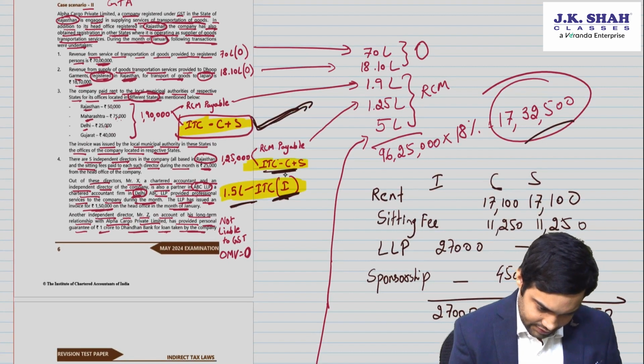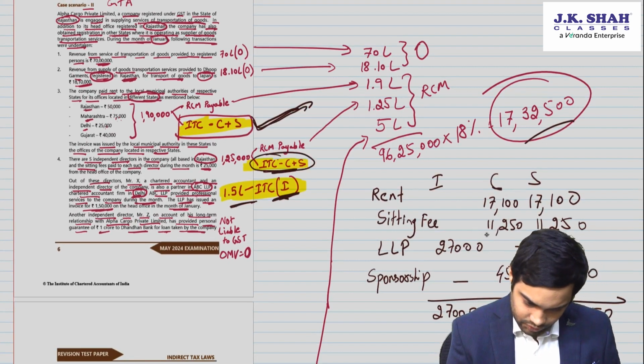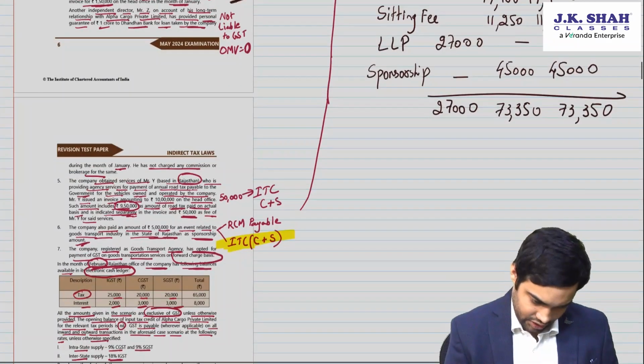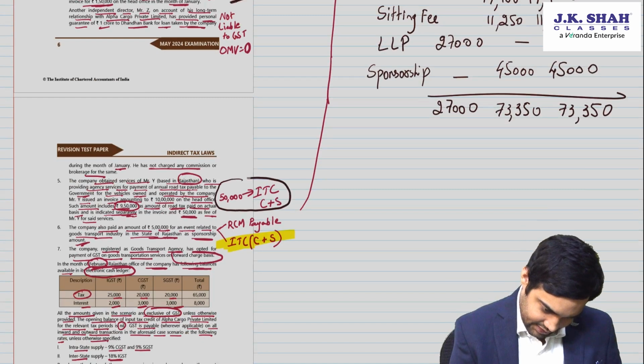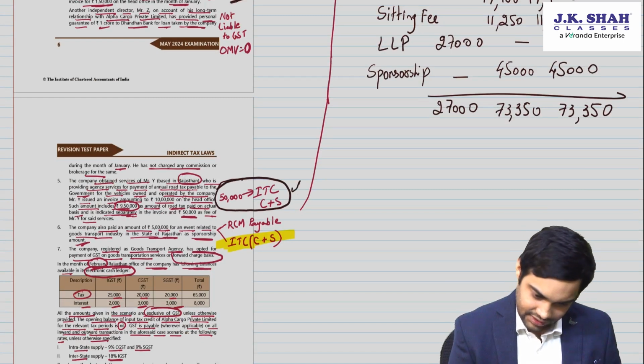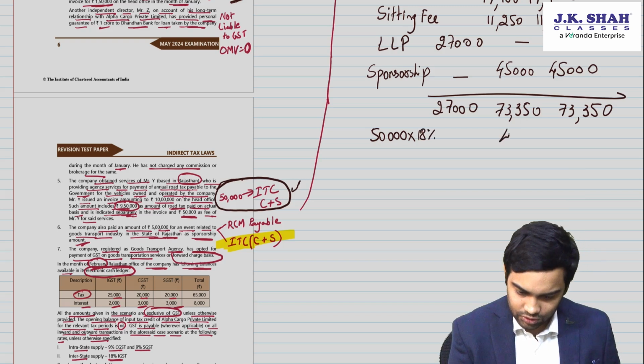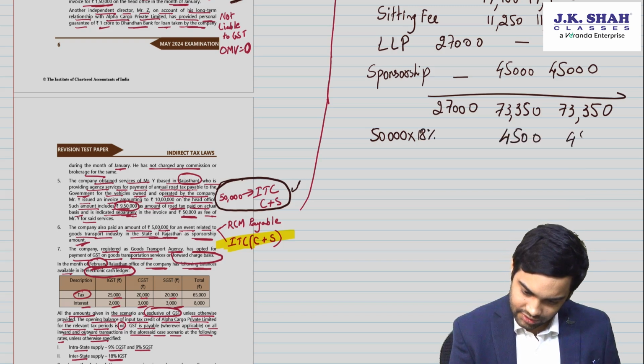So we have taken ITC on this 1,25,000. We have taken ITC on this. Okay, got it. 50,000. This ITC we have missed. We have written ITC of C and S, but we have not taken it. 50,000 into 18%, 4,500, 4,500.